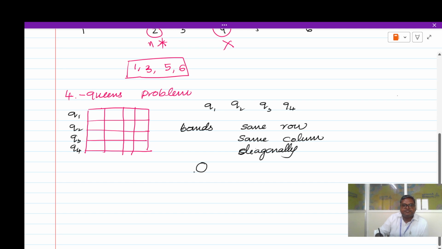I will start here. In the first row, first column, I'll put the queen.